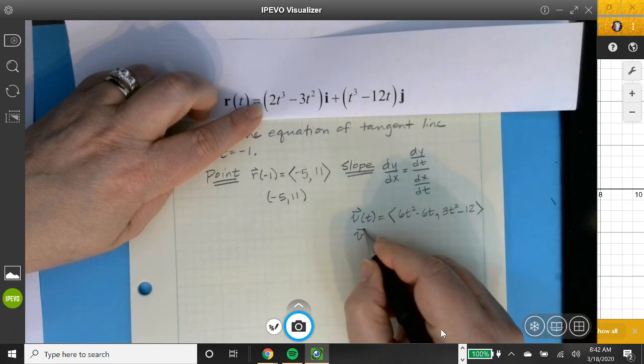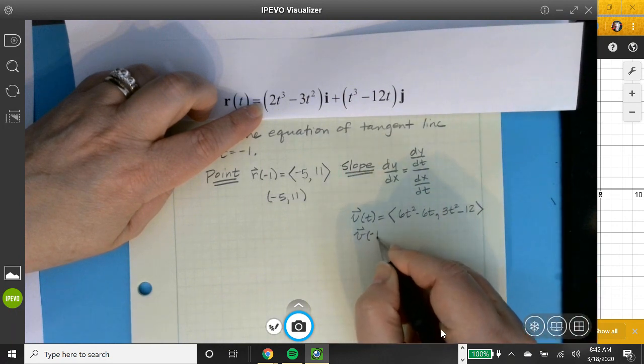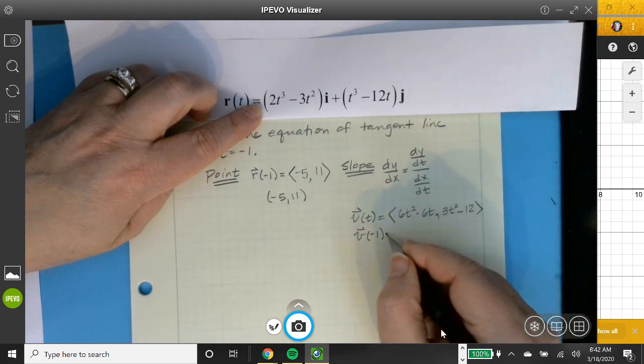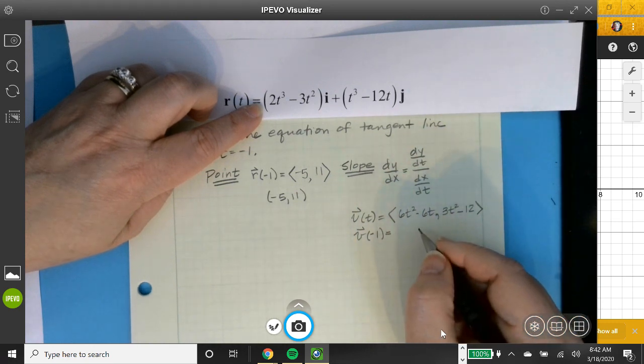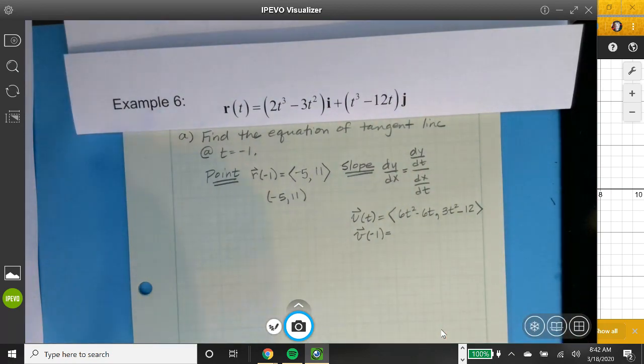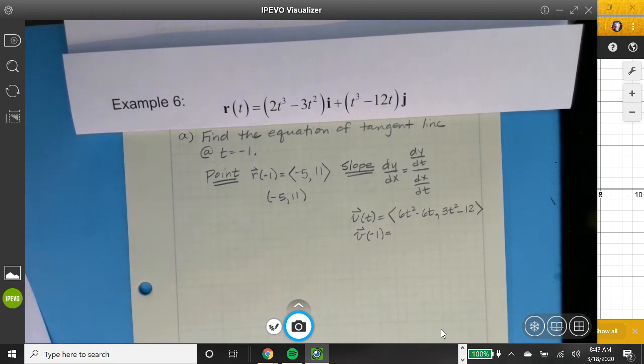And I want the velocity at -1, so I can have the component parts to put in here for the slope. All right, so what happens now when I want to find the slope? So let's plug in -1. And what do we get when we plug in -1?